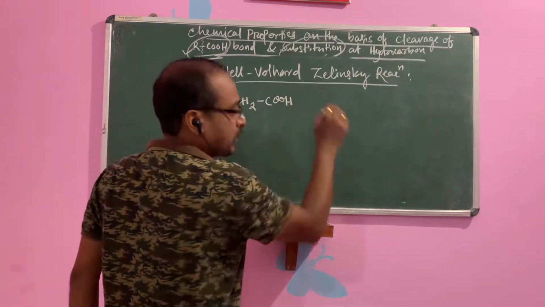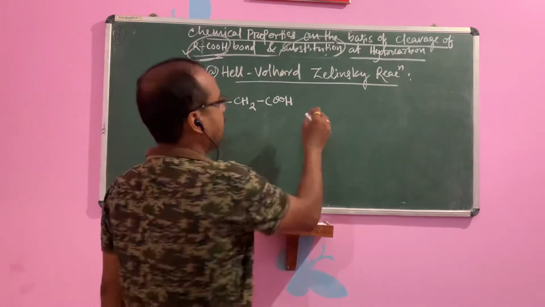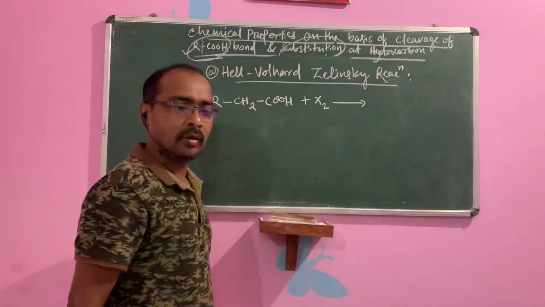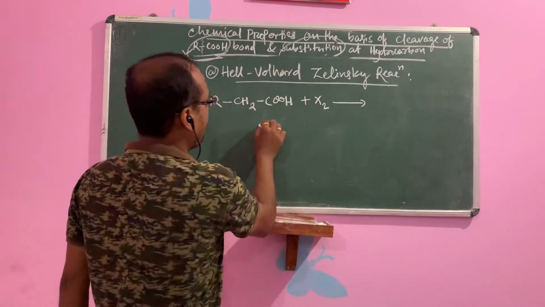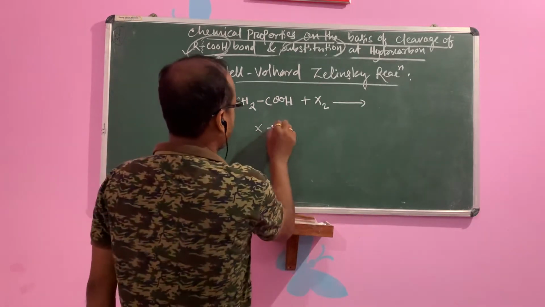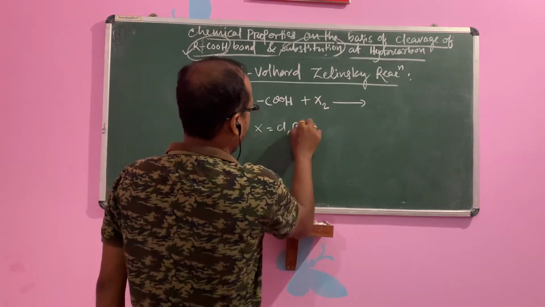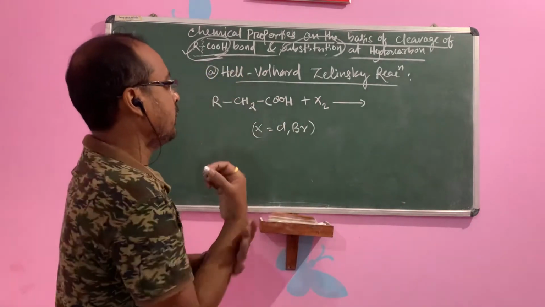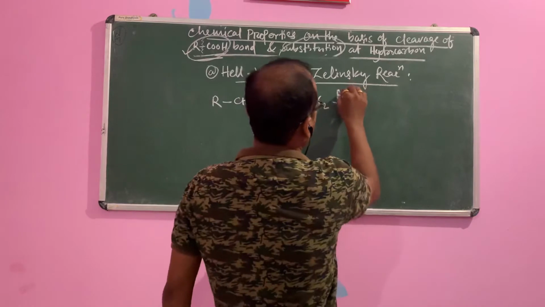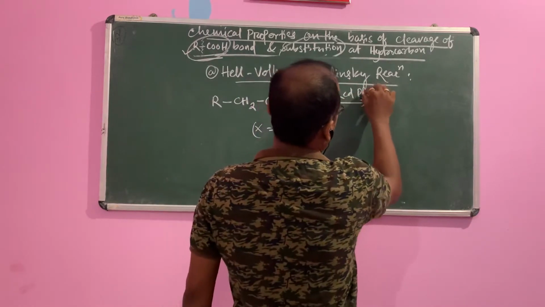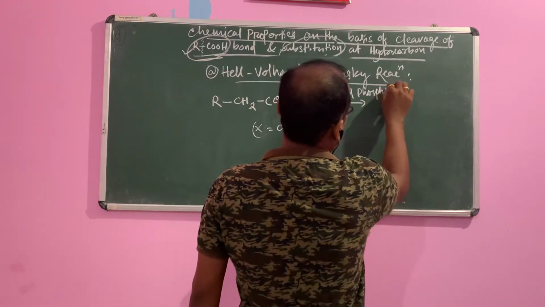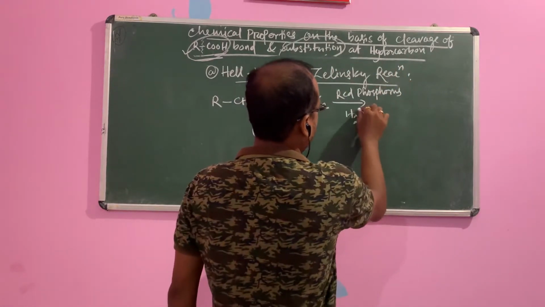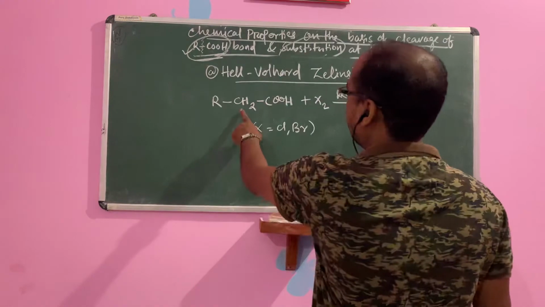Suppose we take one example, RCH2COOH, in the presence of halogen X2, chlorine or bromine. Iodine is very less reactive, so it will not participate. With red phosphorus and water, what will happen?